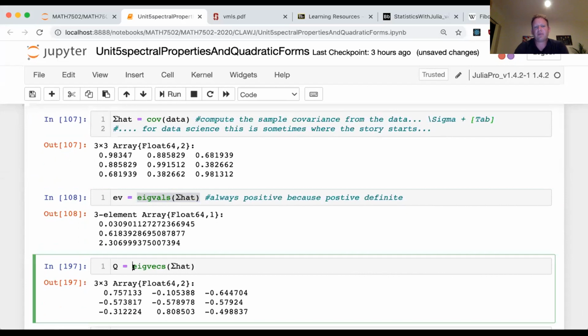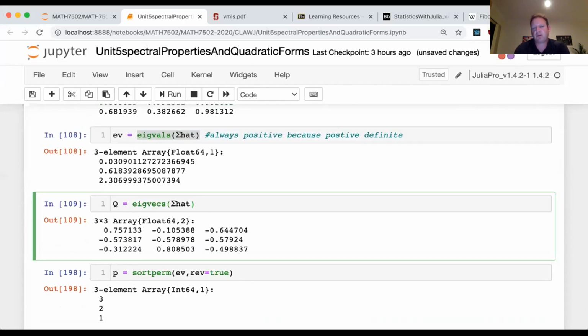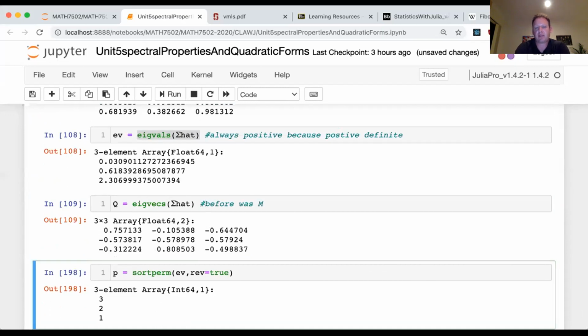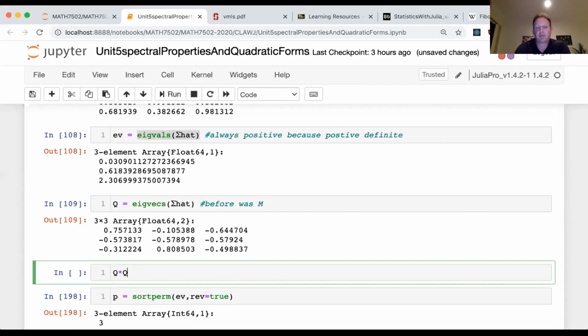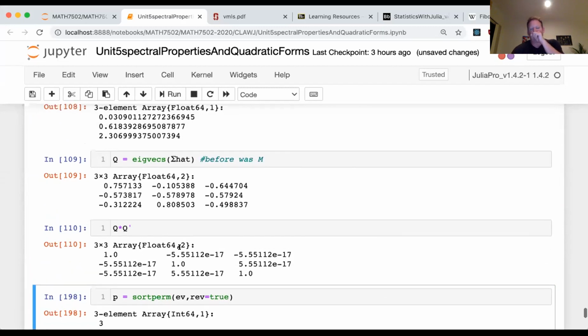So now we're computing the Q, which is the matrix that before was M. Now it's Q. And let's keep in mind, Q times Q transpose is going to give us the identity matrix. Now all I'm going to do is order the eigenvalues. So I'm going to see that this eigenvalue is the most important.